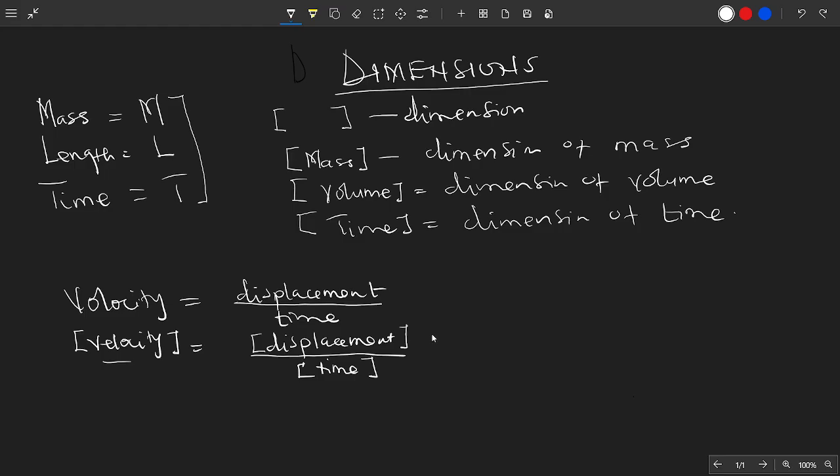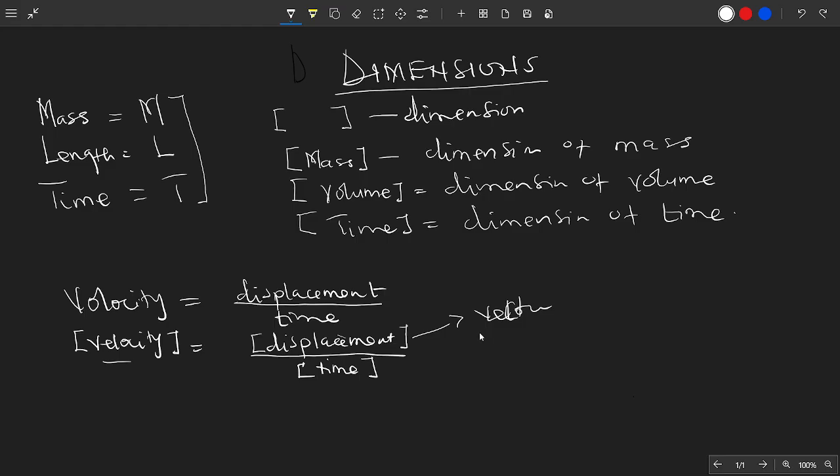This is basically distance traveled in a specified direction. Displacement is a vector quantity, because it deals with direction and distance. But when I talk about just distance, I'm talking about a scalar quantity, right? So displacement is distance traveled in a specified direction.